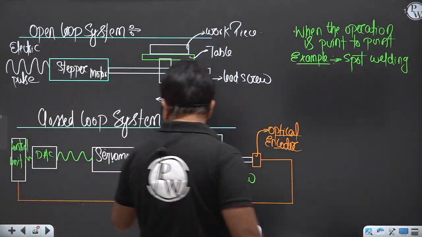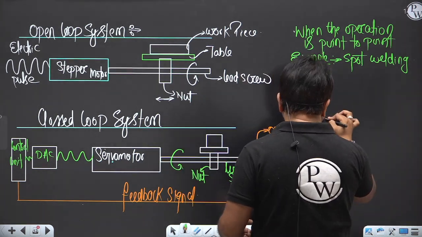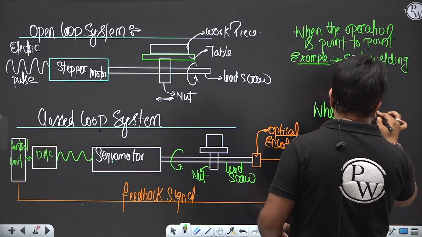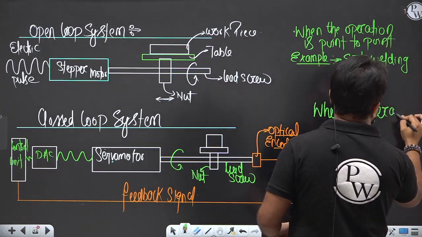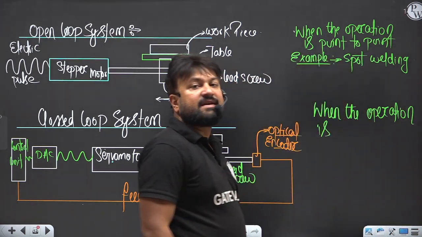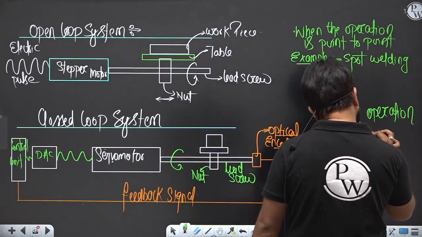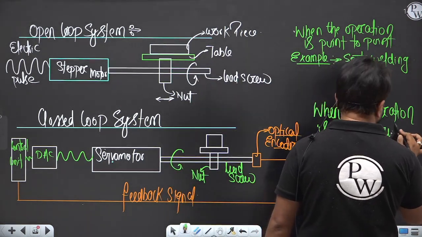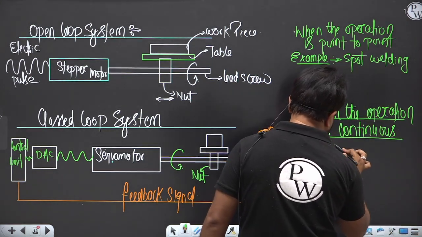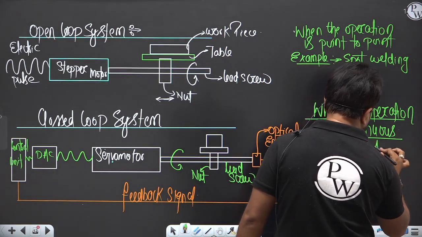So when do we use the servo motor? When the operation is continuous, for example, like arc welding.